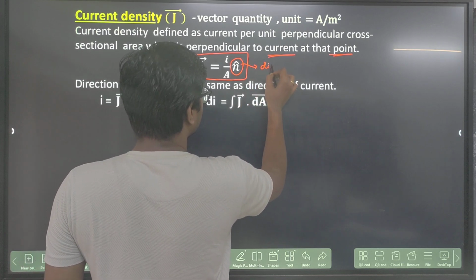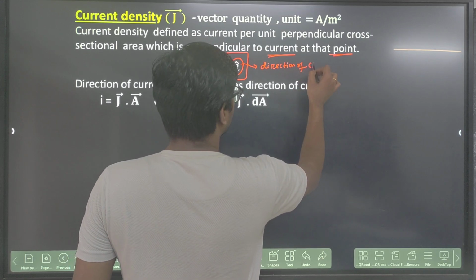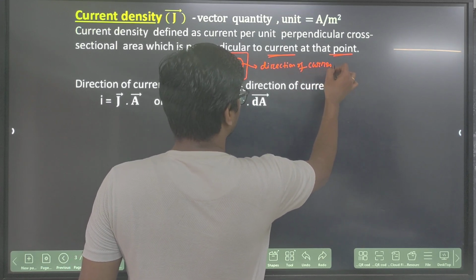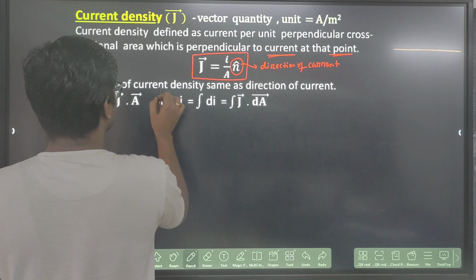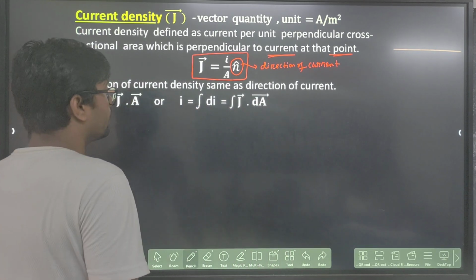It is in the direction of current. That thing they have written. Direction of current density is same as direction of the current, right?